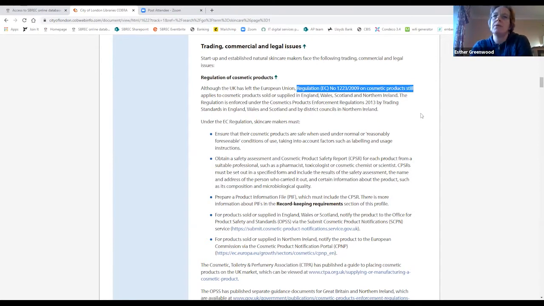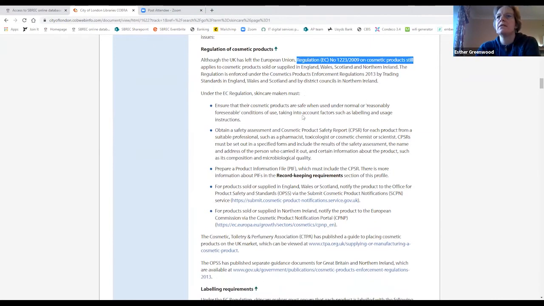Although the UK is no longer part of the EU, some of their legislation is still in force in the UK. This discusses what you would need to comply with, things like a product information file and a cosmetic product safety report, which you'll need for each of the products that you're producing.